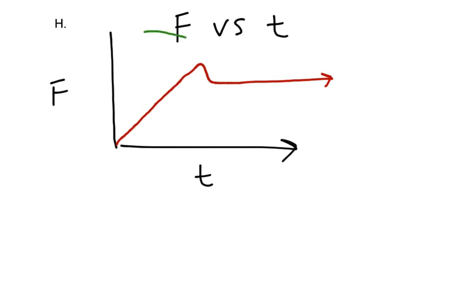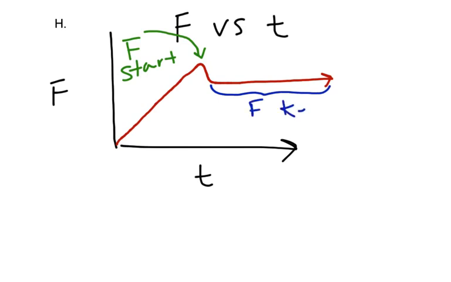So this part, the very peak here, represents the force required to start to move, and the horizontal line here represents the force required to keep the object moving.